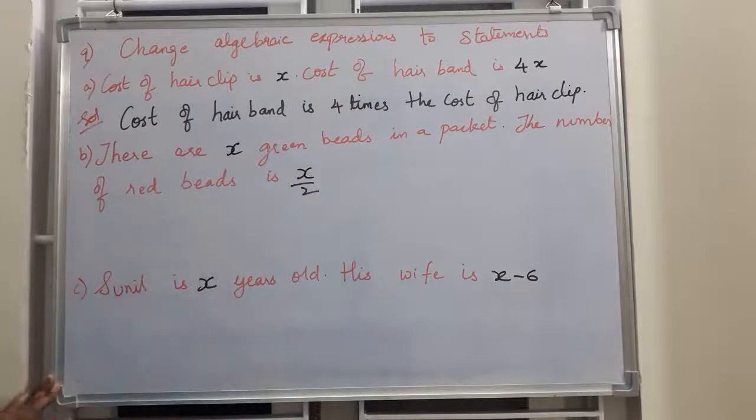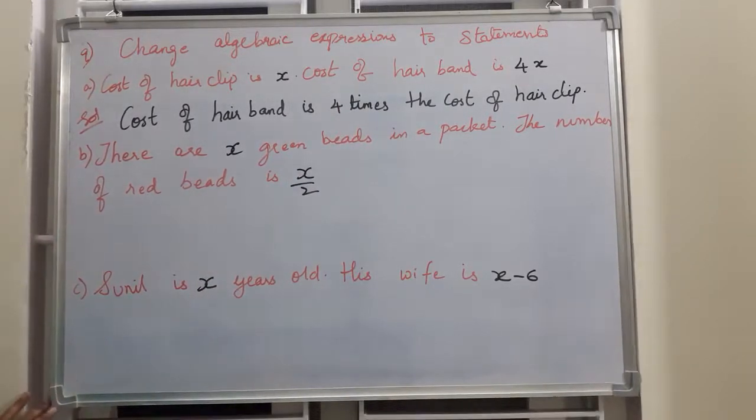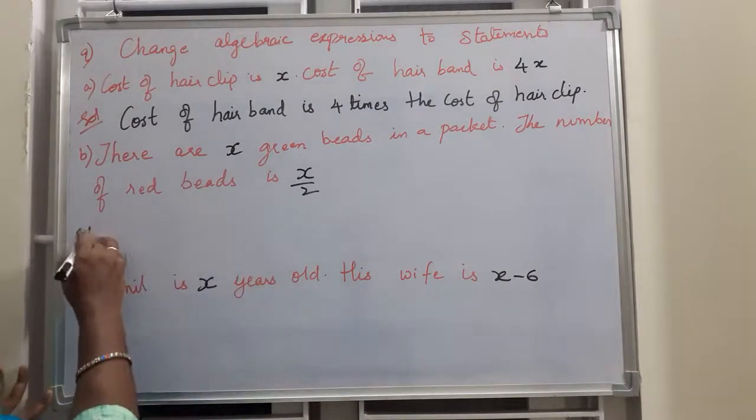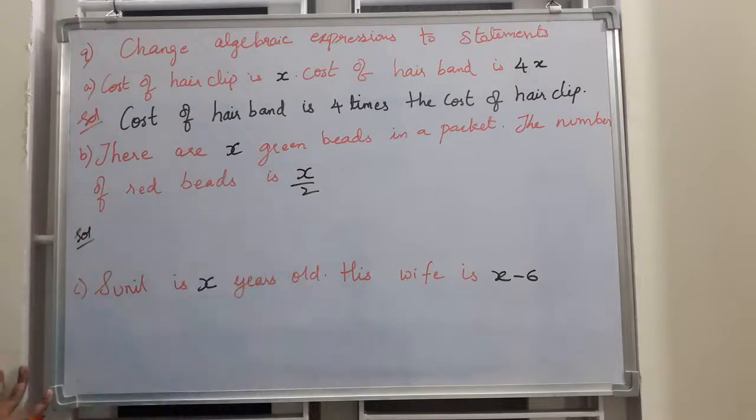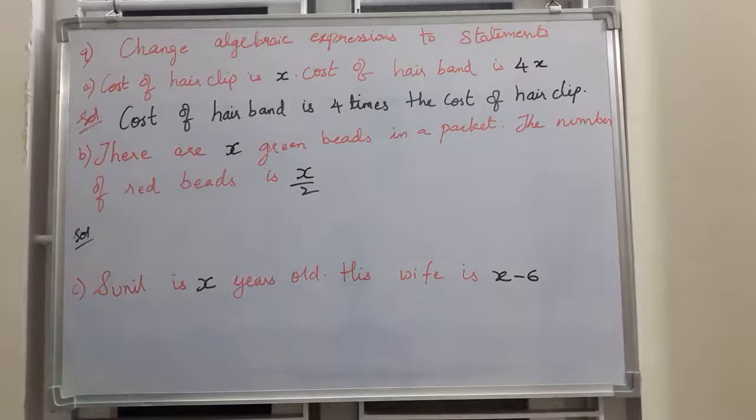Now see this also. There are x green beads in a packet. The number of red beads is x by 2. So x by 2 means what? Half. Right? If there is denominator 2, it is half. 4 means quarter. Okay.